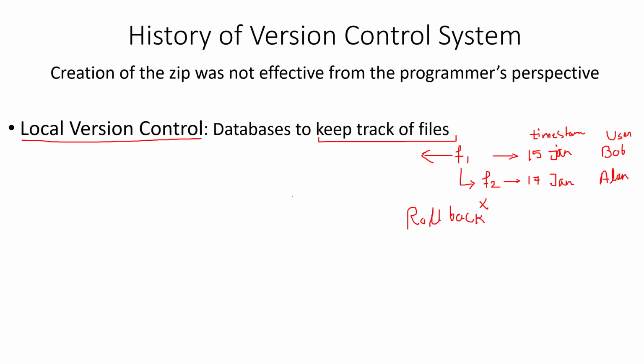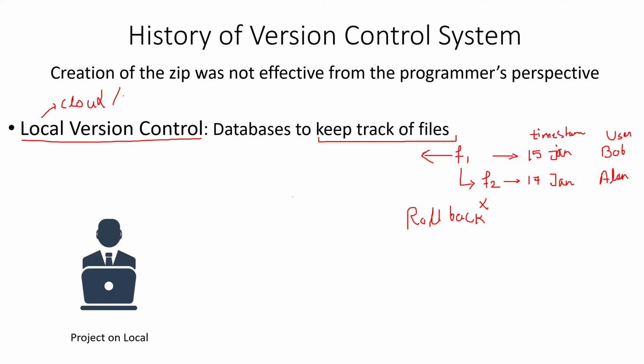But what happens in this case is in the local version control, the project was on local. Now, when I say the word local, what does it mean? Local means there is nothing on the cloud or any server.